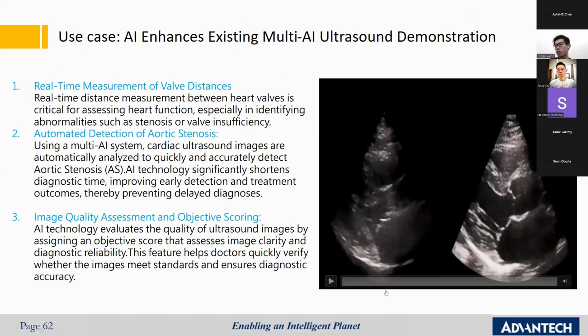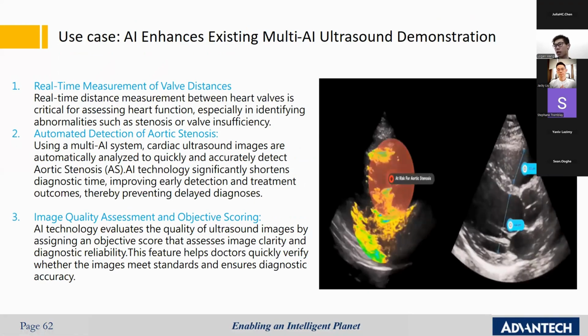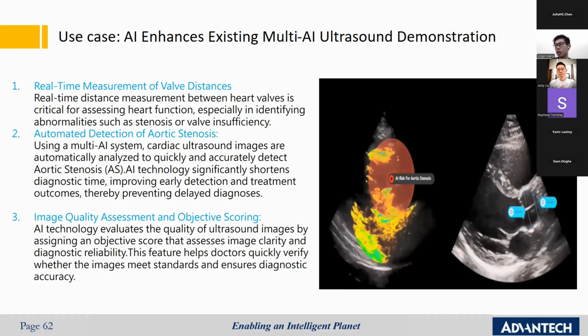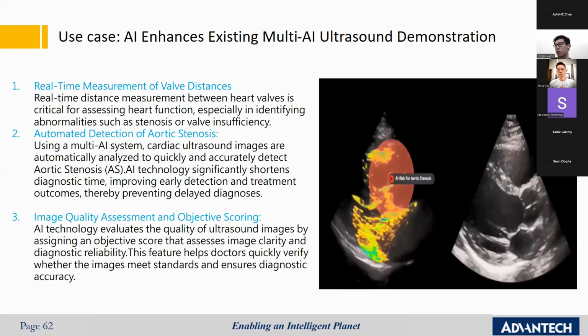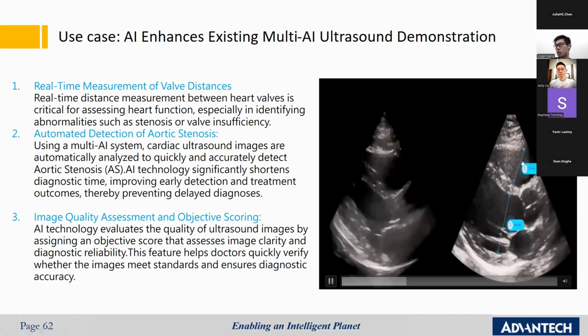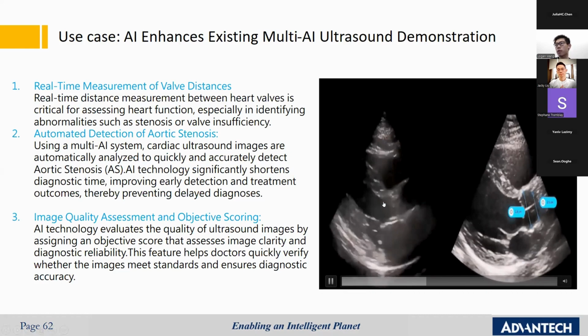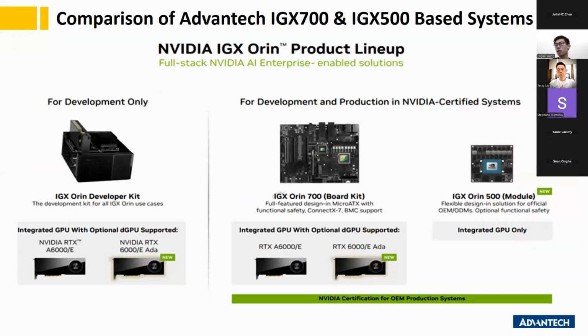And the second one is for ultrasound of the heart. You can see that with HoloScan and IGX, you can dynamically detect the key distance inside of our heart, and also have a classification model to predict maybe there is some heart disease.